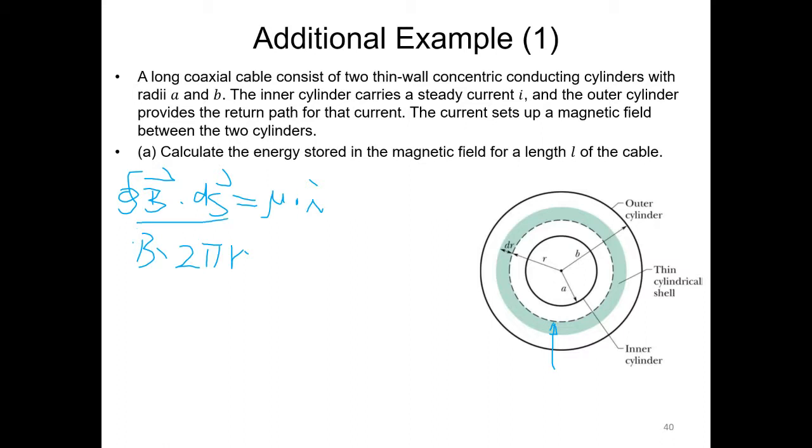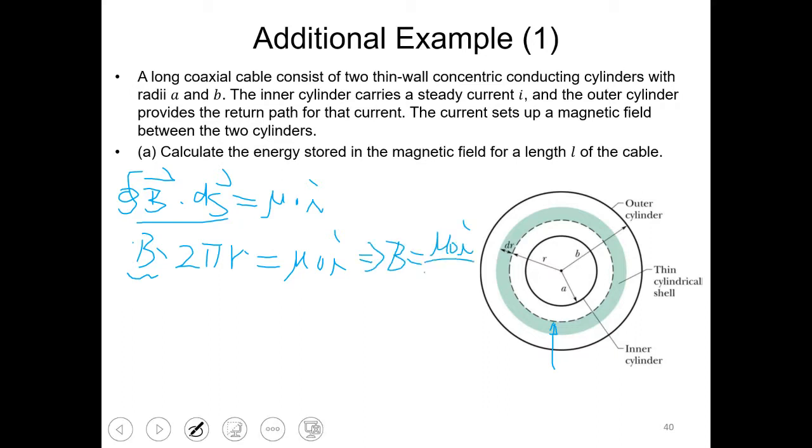This is the line integral for this loop. So if it is uniform, it's the magnetic field times the circumference of this circle. So it equals mu 0 I. So we'll have B equals mu 0 I over 2 pi r.